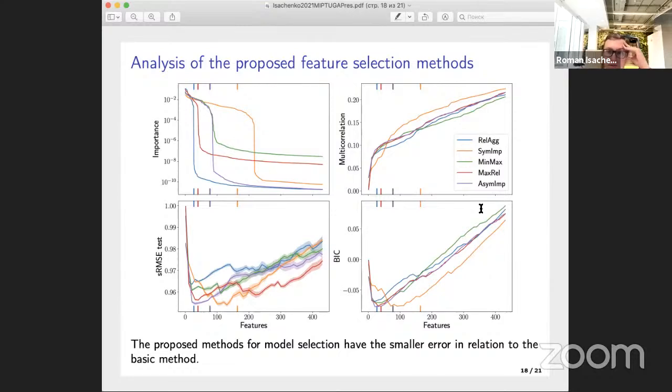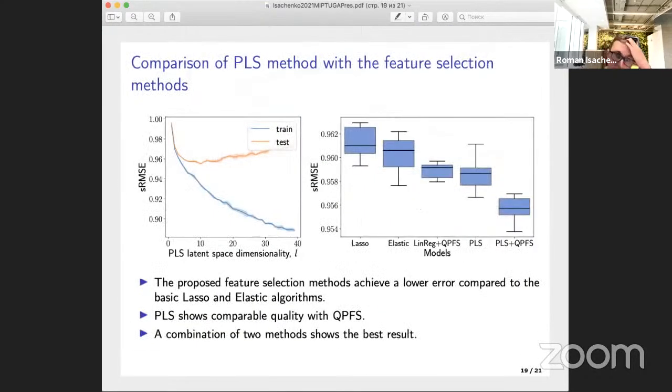relevance aggregation. We also compare the method of projection to the latent space with the methods of feature selection. The picture on the left shows that for this problem, the optimal dimensionality of the latent space is significantly less than the dimensionality of the original data descriptions.